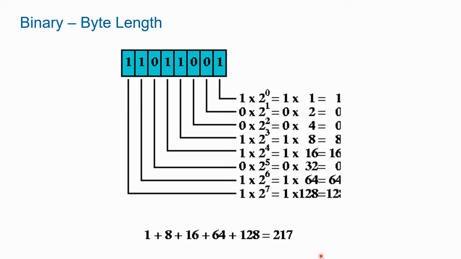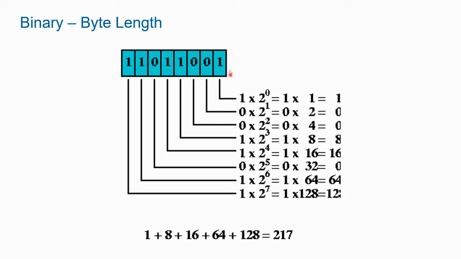But here, if we wanted to take a binary number and convert it back into a decimal number, each digit, or each bit, in that binary number has a growing order of magnitude to it. So we're always going to look at the rightmost bit as being what we call the least significant.